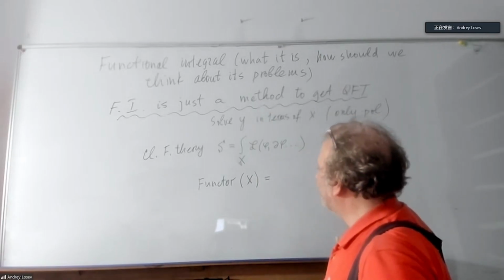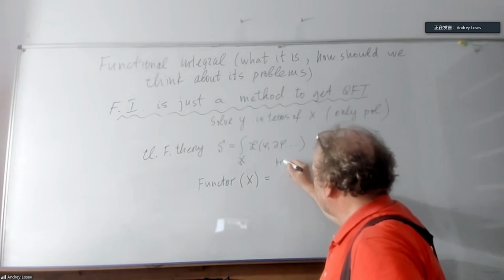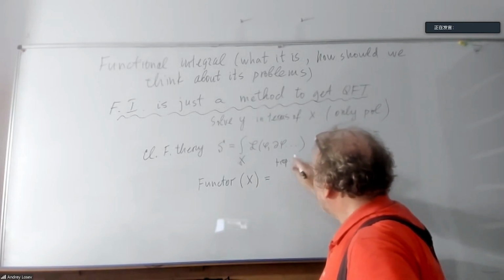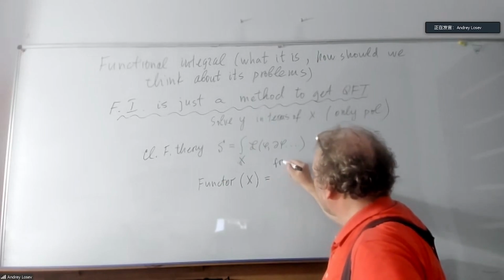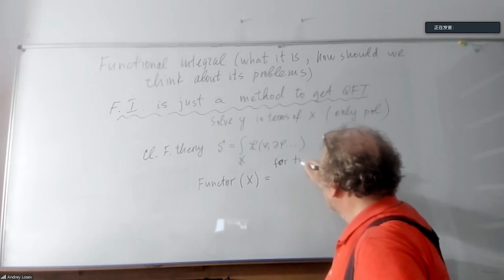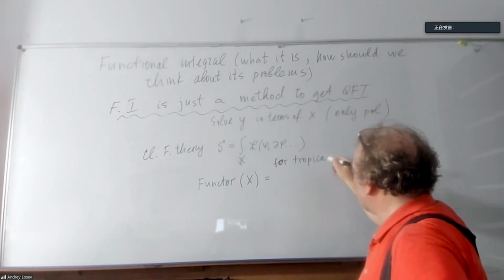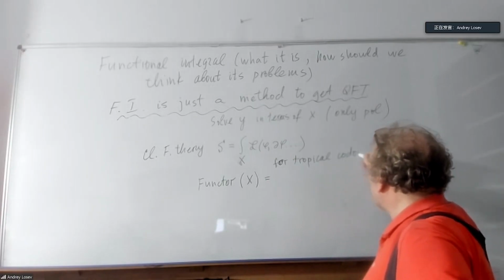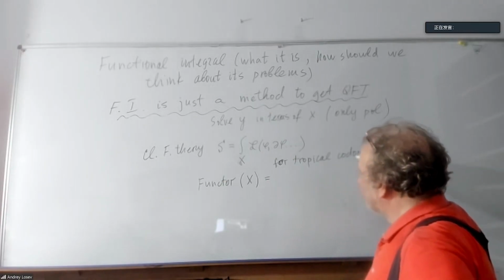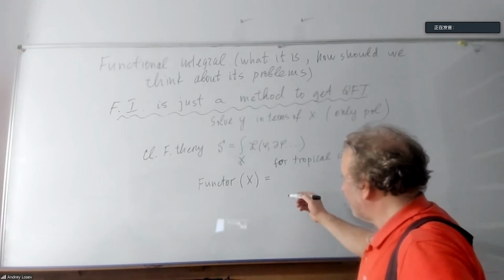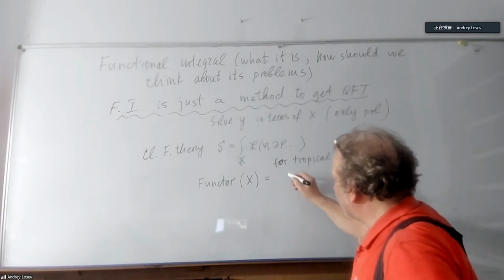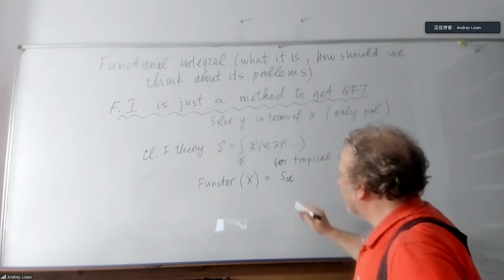We said that for tropical, the codomain of the functor, this thing is S critical.